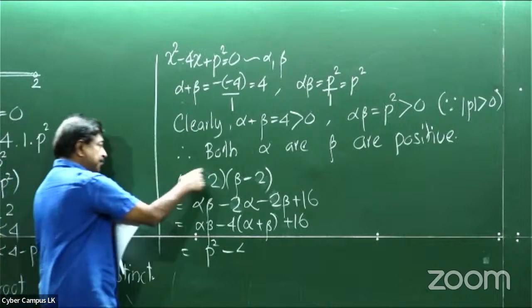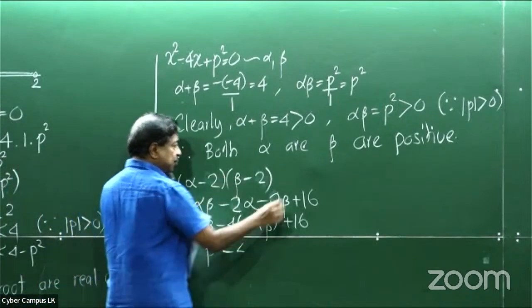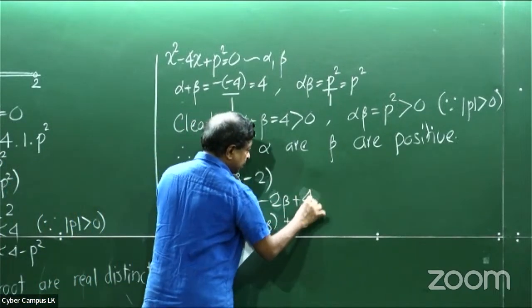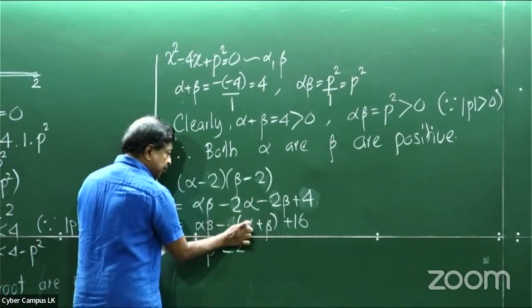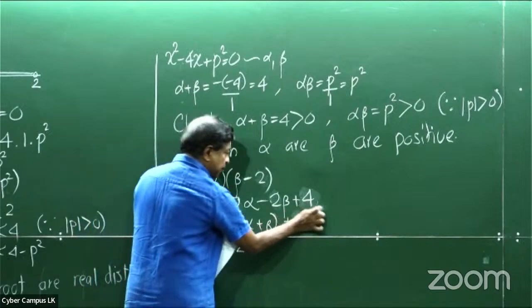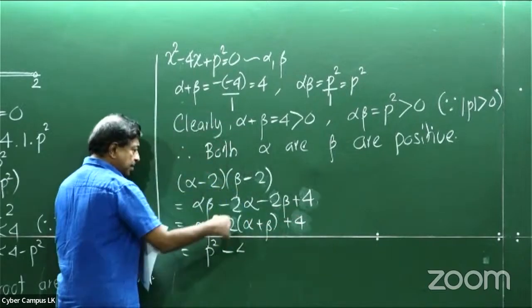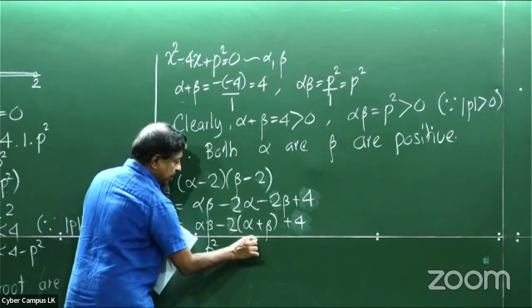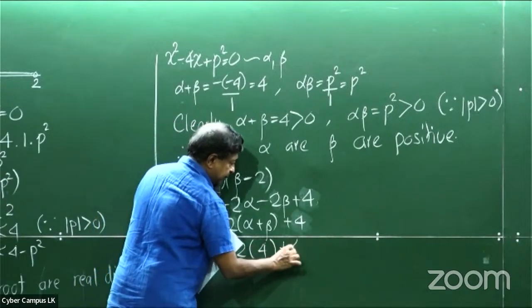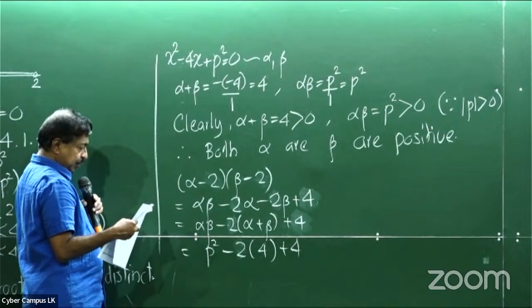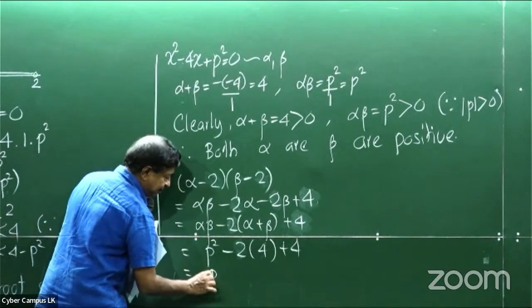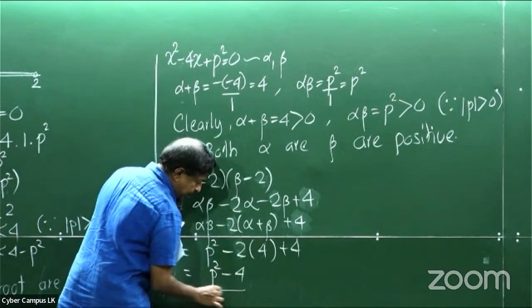Now, alpha beta minus 2 alpha minus 2 beta and 2 times 2 is 4. Now, when you pull out minus 2 from these two, and here you have 4, now you can plug in 4 for this one. This is 4. This is plus 4. So you get p squared minus 4. Yes. That part is also very easy.